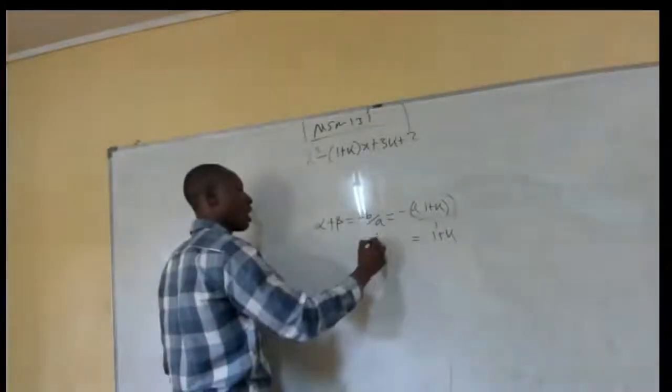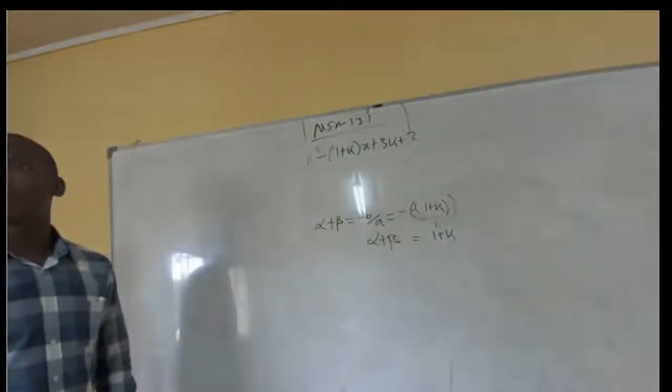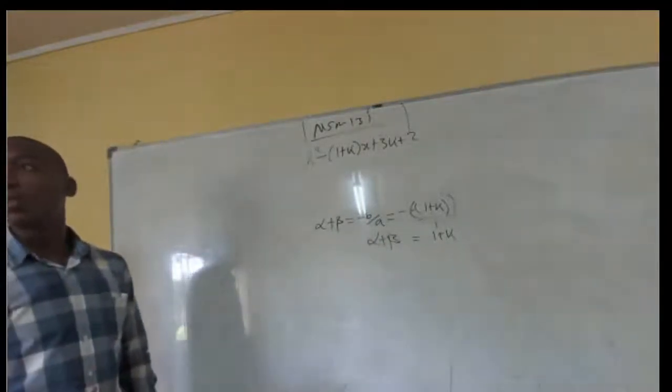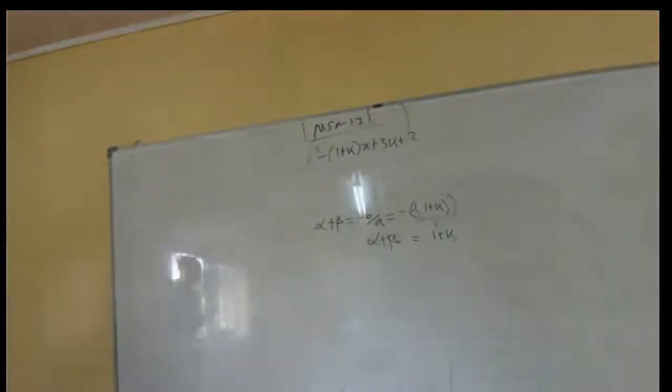So alpha plus beta is 1 plus k. Then what have we been told? The sum of the roots is actually twice the product of the roots.